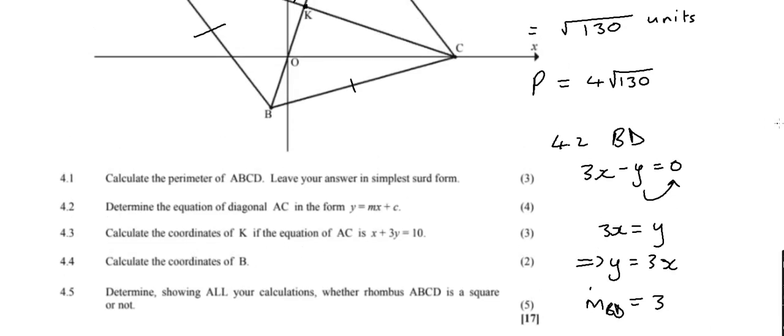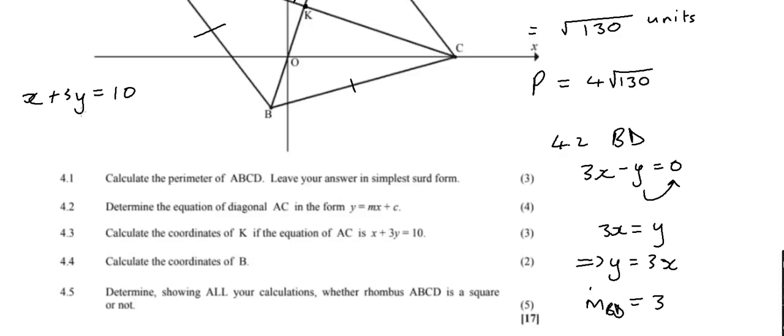Now the next question, they say calculate the coordinates of K if the equation of AC is x plus 3y is equal to 10. So here they are giving us the equation of AC. Let's just verify that this equation of AC is the same as ours. They say it's x plus 3y equals 10.